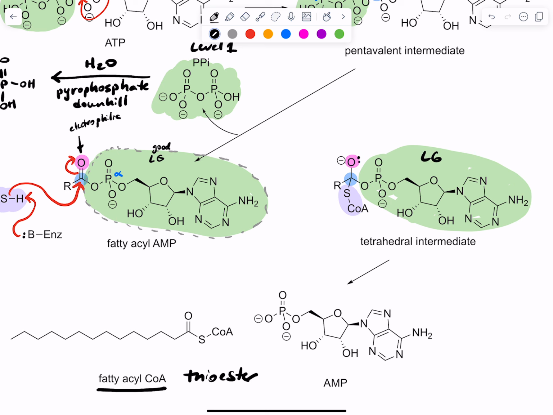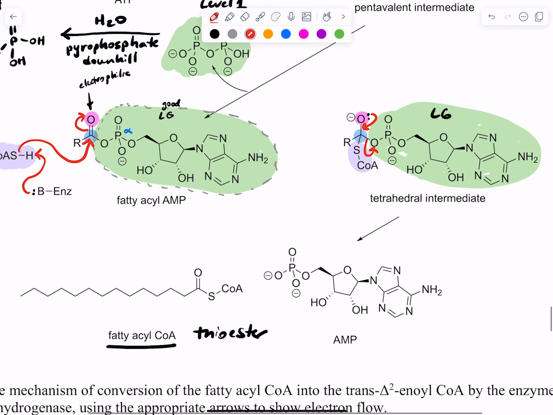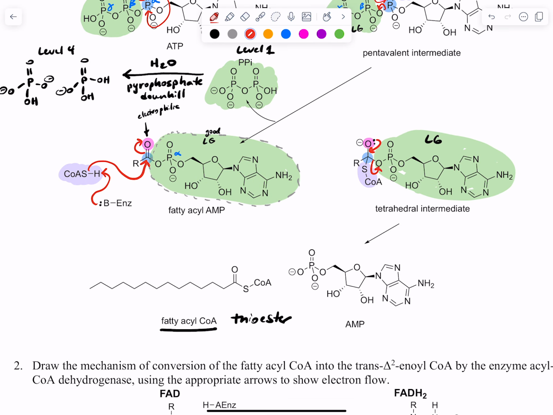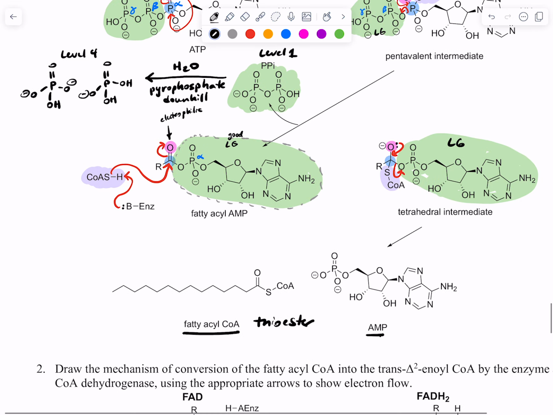And then, of course, electrons will kick off the good leaving group, and that gets us to the coenzyme A fatty acyl thioester, and releases AMP, which can react with another molecule of ATP to get 2 molecules of ADP, and then those can be regenerated at the end of the electron transport chain.